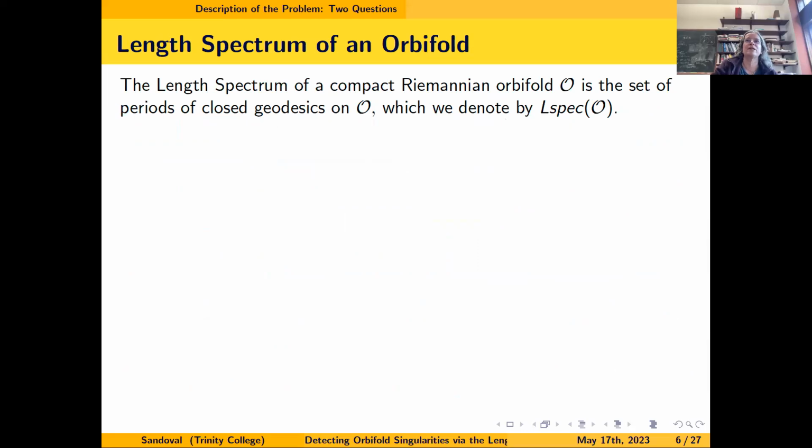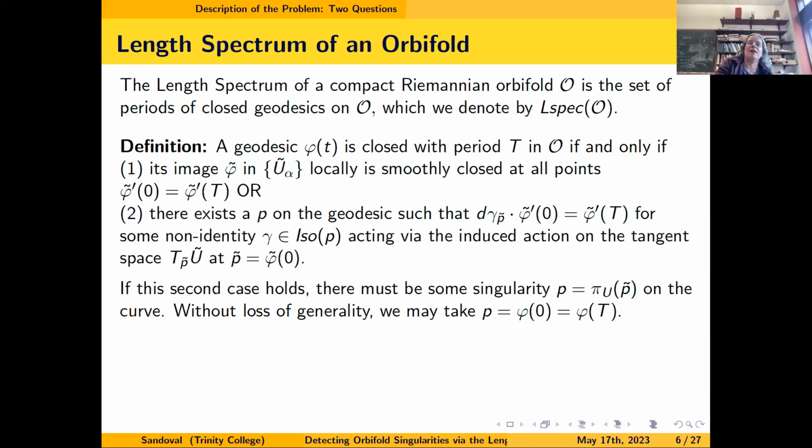Okay, so let's talk about the length spectrum of an orbifold. The length spectrum of a compact Riemannian orbifold is just the set of periods of closed geodesics on the orbifold, which we denote by L_spec(O). We have to think about how that geodesic arises.